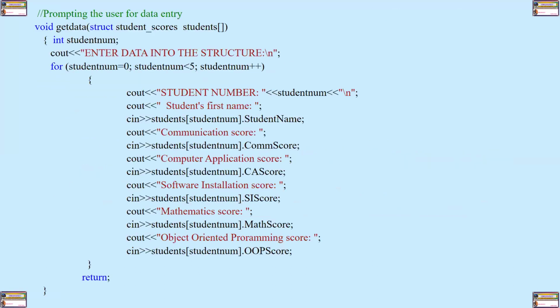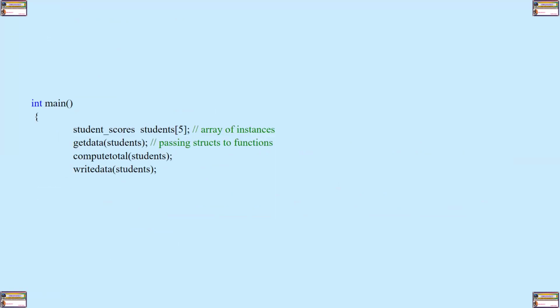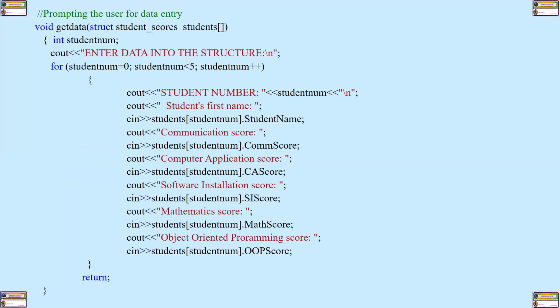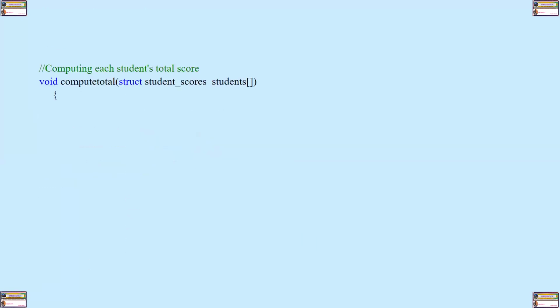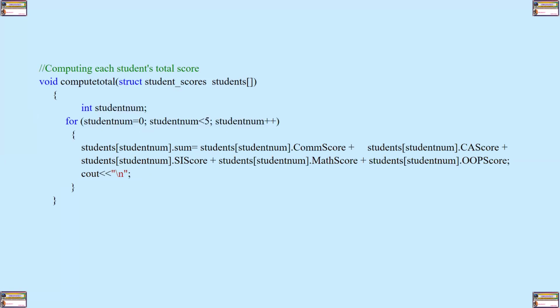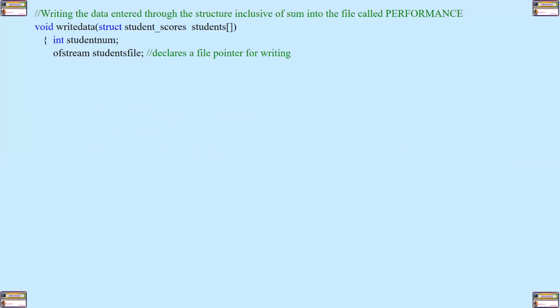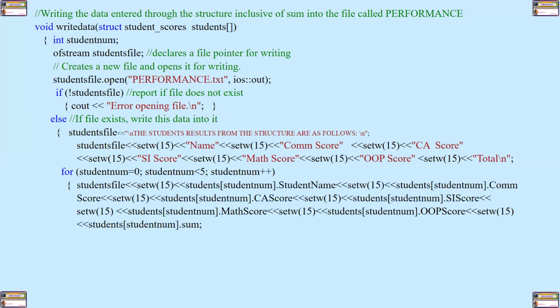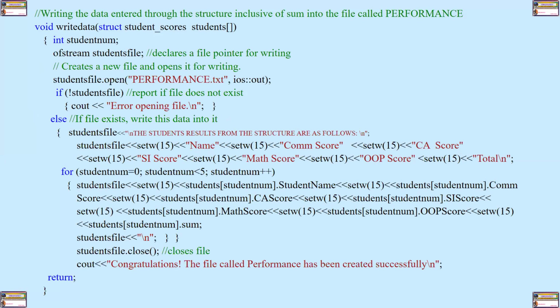And what is under the main program? The main function. So the next statement will be to take control back to the operating system and end the program. Now, what do we expect to see? We expect that when we execute this program, it will create for us a file called performance and write out this information into it.